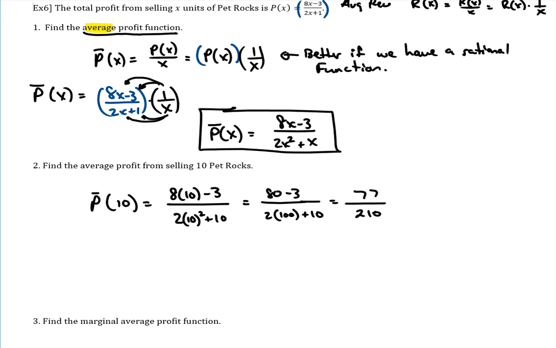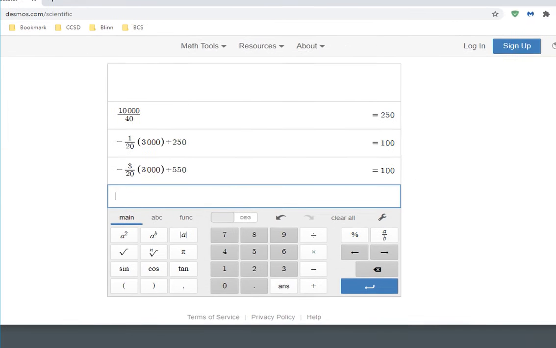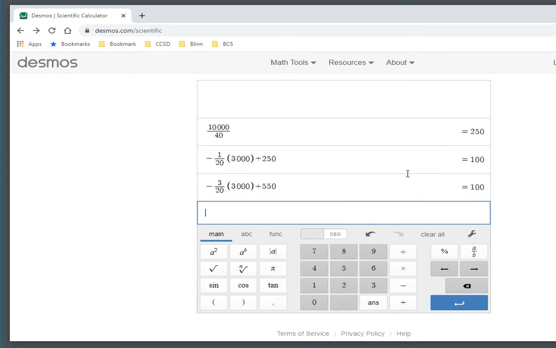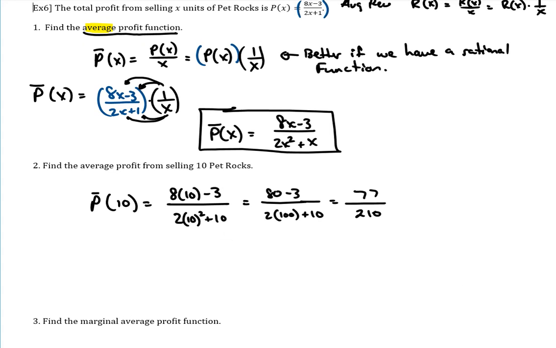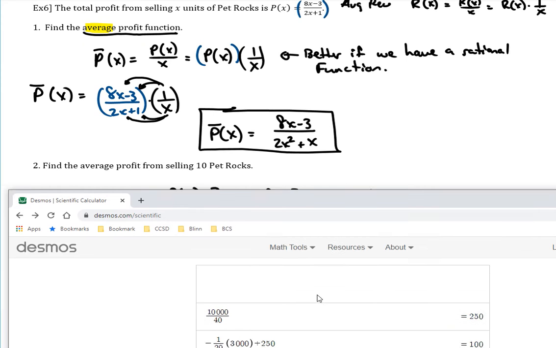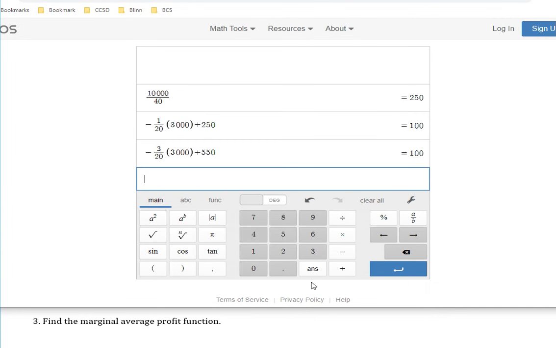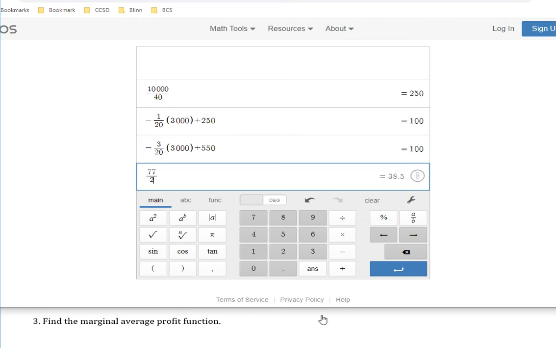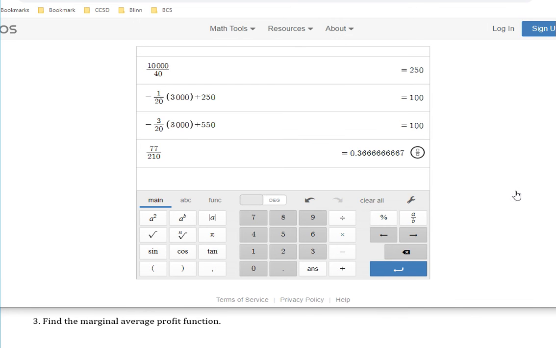This is probably something we'd want to rewrite using a decimal, since it's a business problem. I just want to do 77 divided by 210. And there we go. If we needed a fraction, remember that button will do it, but probably we would want to see a decimal.